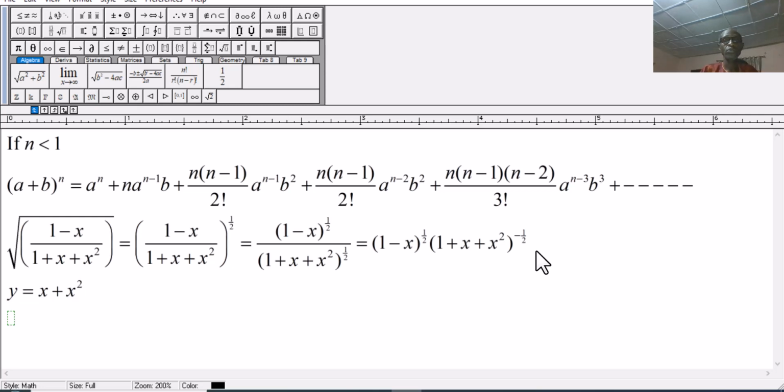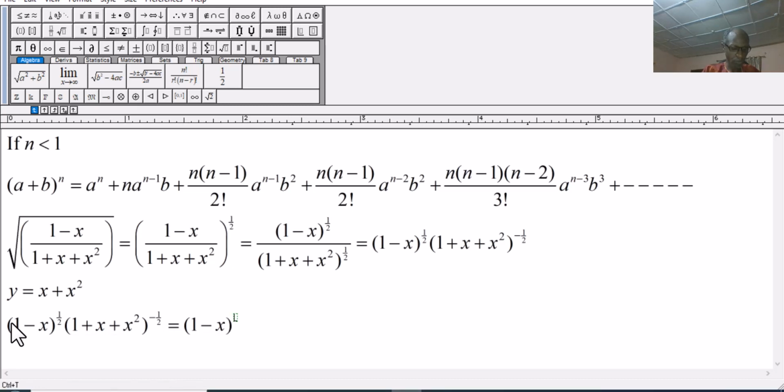Now, once we have done this, we can rewrite this expression as (1 minus x) raised to the power of half, times (1 plus y) raised to the power of minus half.